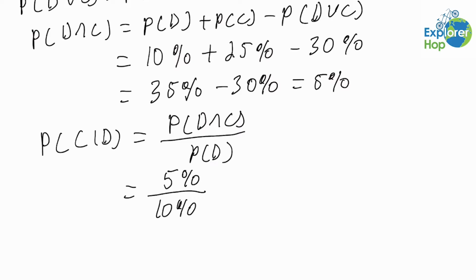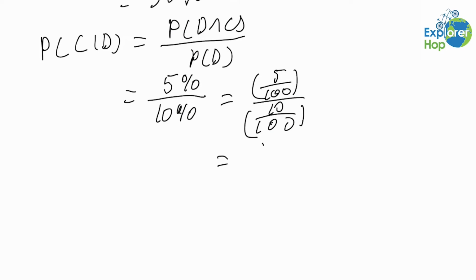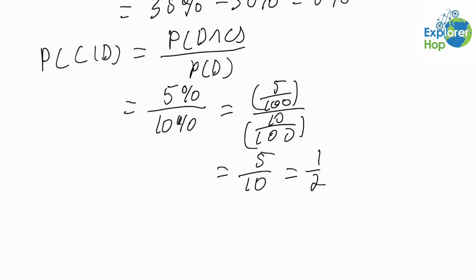And this is equal to 5 over 100 divided by 10 over 100, which is equal to 5 over 10, and this is equal to 1 over 2. And this gives us the probability of a person being colorblind, given that they have the rare disease.